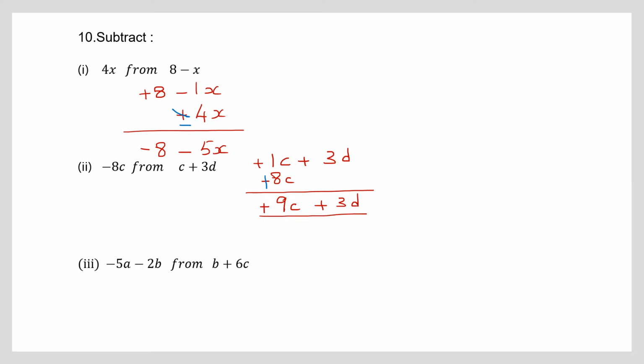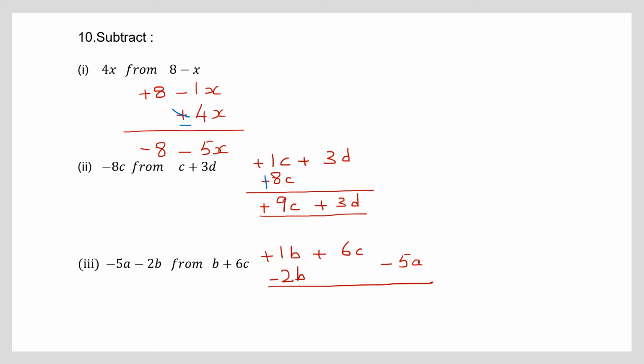Third one, subtract this term from the second term. So let's write b plus 6c and then 5a. So we don't have an a, so we'll write it here. Minus 5a minus 2b. So we'll put it under 2b. Minus 2b under b. Okay. First write what's missing. Plus 1. Okay, that's it.